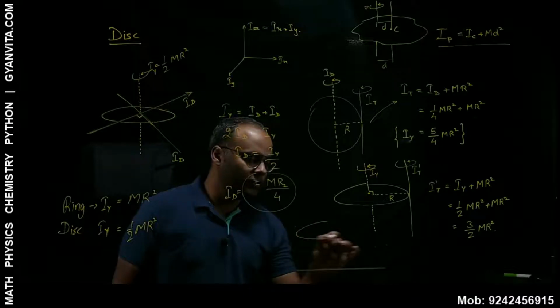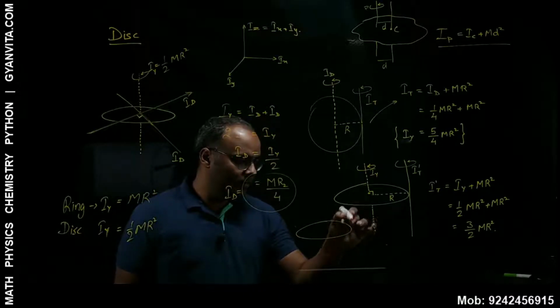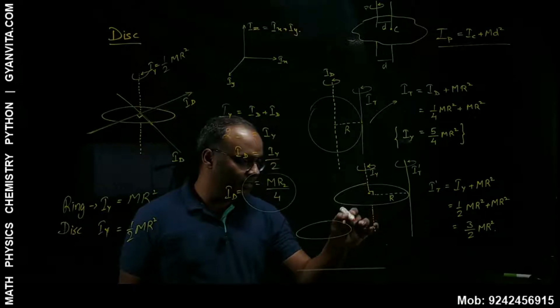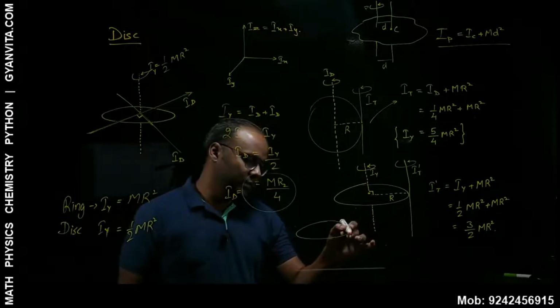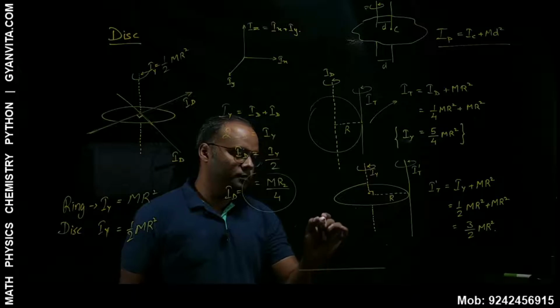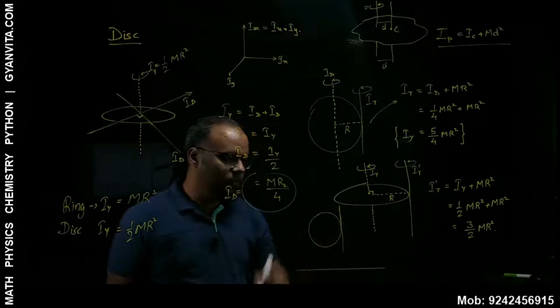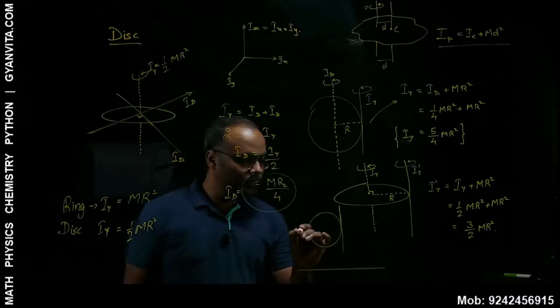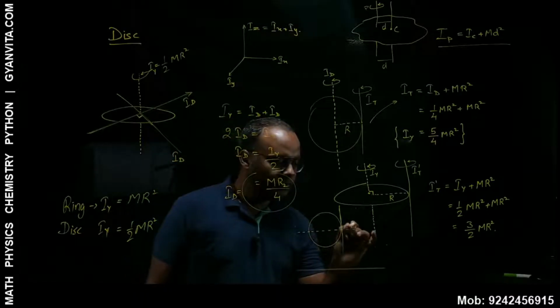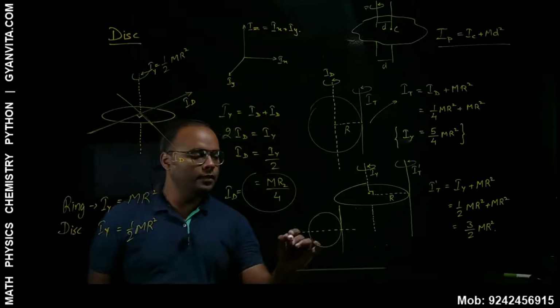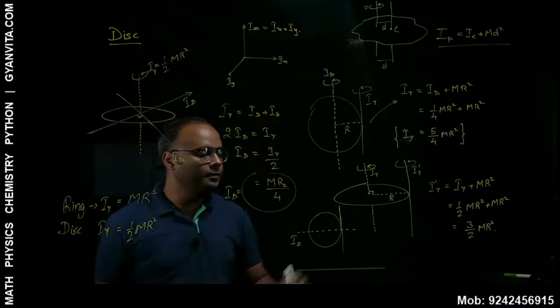Suppose it is like this, there is a tangent in the plane and I am considering this diameter. So even this is possible, right? This is ID and this is IT.